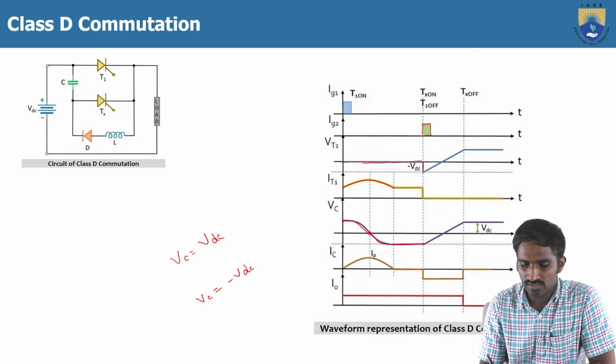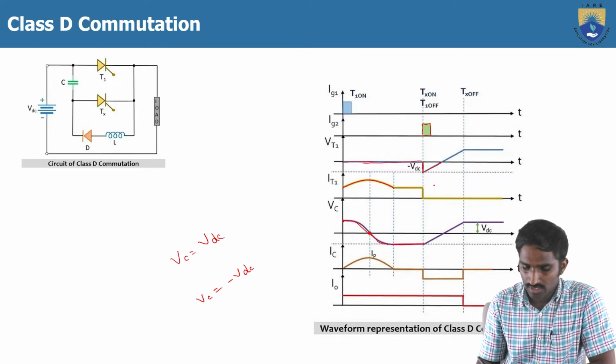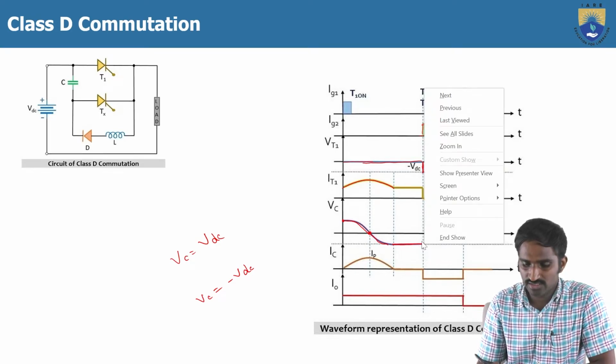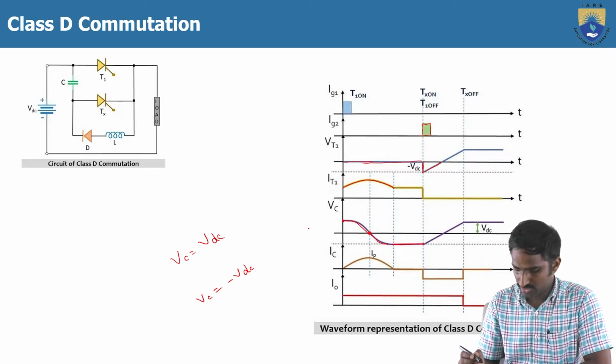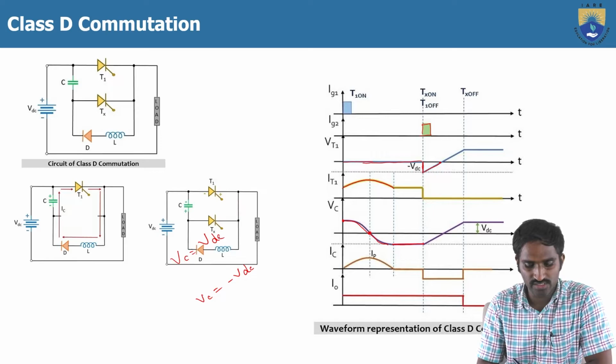So that's why we are getting some negative voltage. Then after some instant of time, the thyristor T1 is turned off. Then, when the auxiliary thyristor Tx is on, as we can see here, this is the first case, when the thyristor T1 is turned on, and the second case.